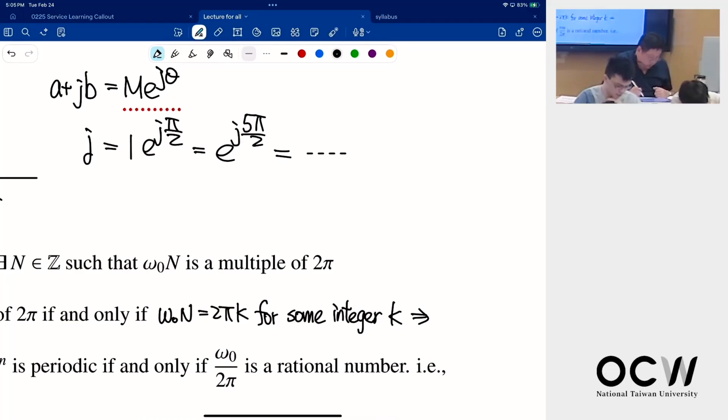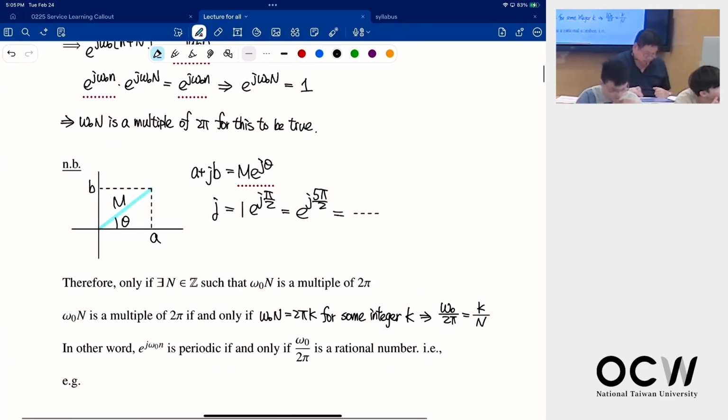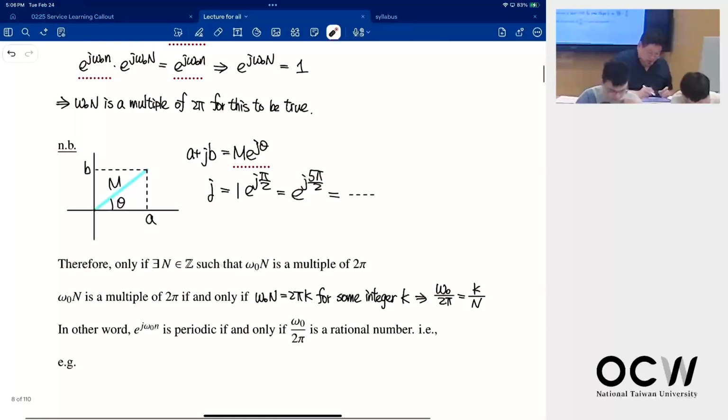So omega naught over 2 pi is equal to k over capital N. That means this is periodic if and only if omega naught over 2 pi is a rational number.